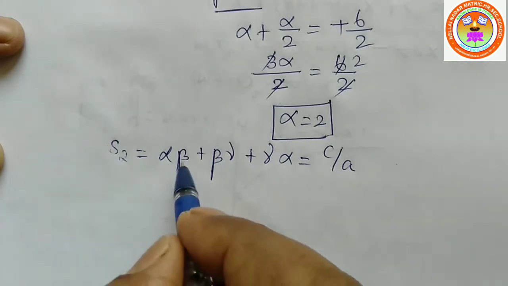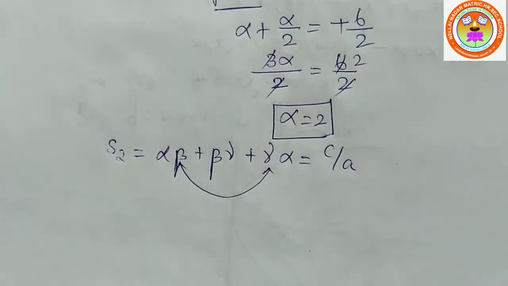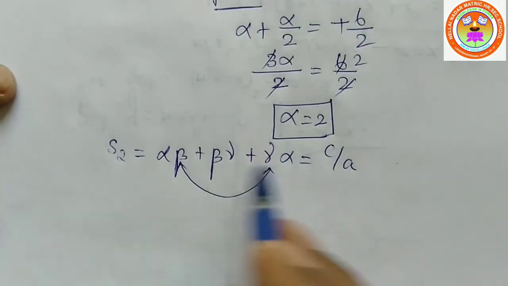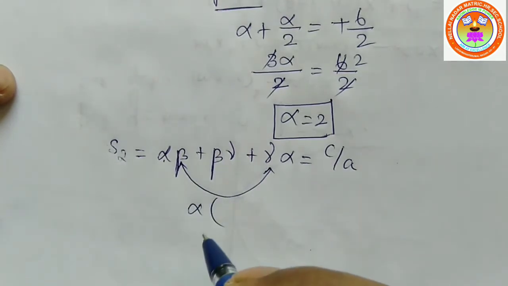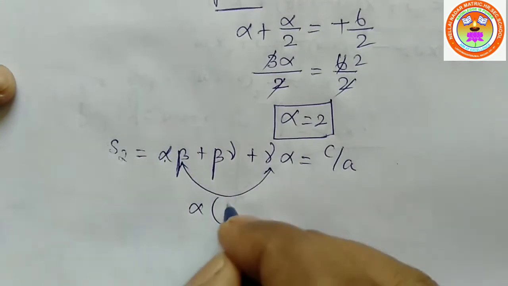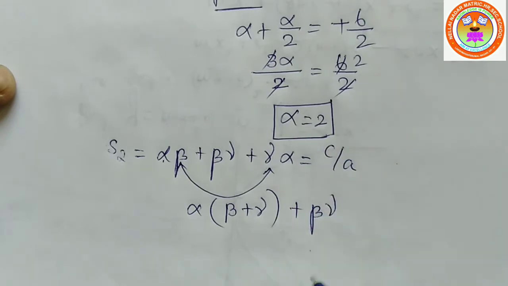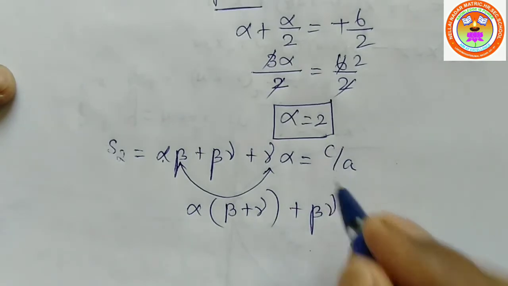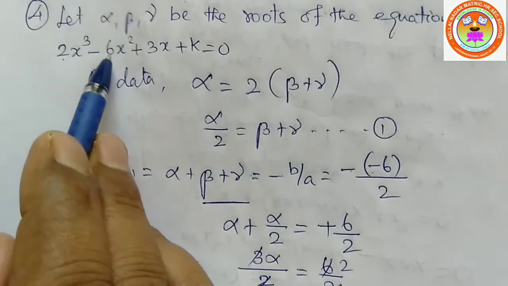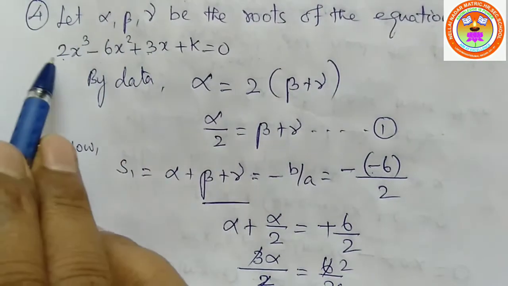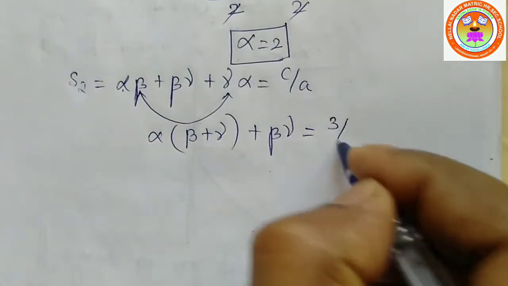If we consider the first and last terms, alpha is common. If we take alpha outside, what is remaining? Beta plus gamma, and then beta gamma, which is equal to c by a. c is 3, a is 2, so 3 by 2.